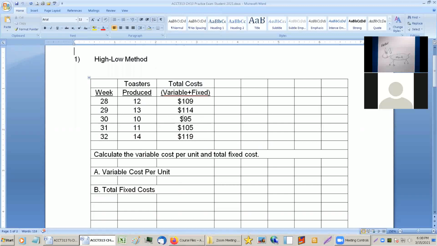Okay, so the high-low method. Just to reiterate, we're taking the total cost and breaking it up into variable and fixed.